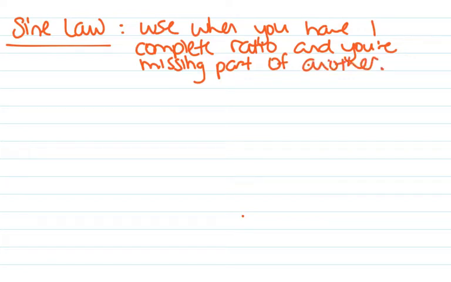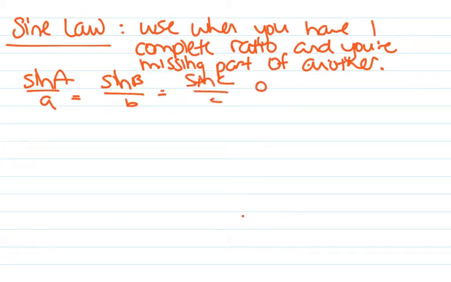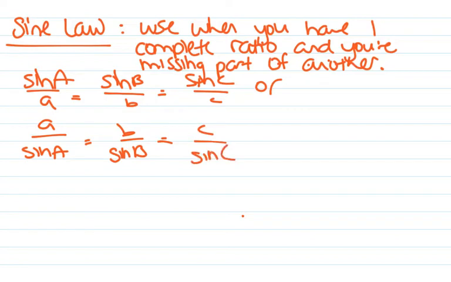So the sine law is sine A over A equals sine B over B equals sine C over C, or A over sine A equals B over sine B equals C over sine C.